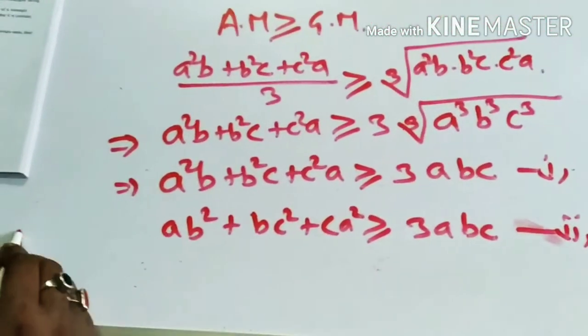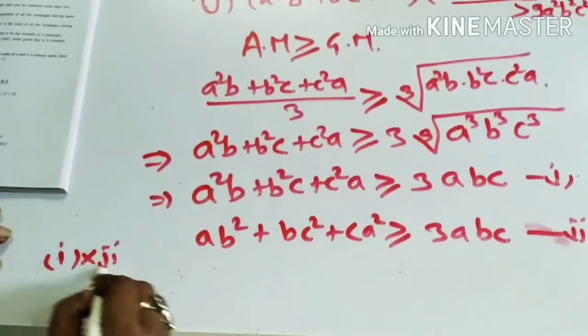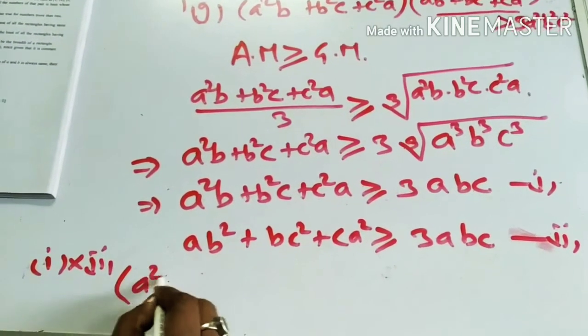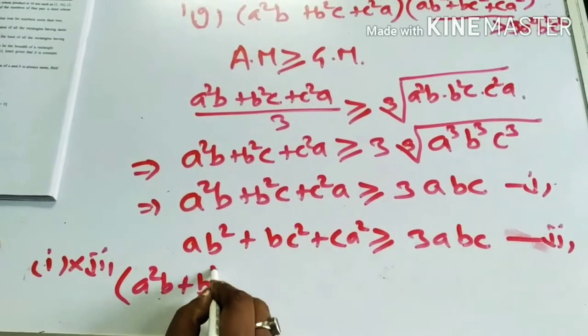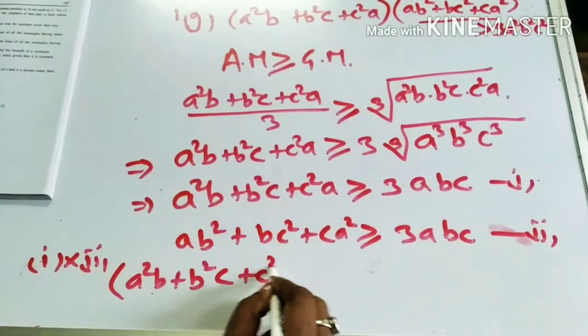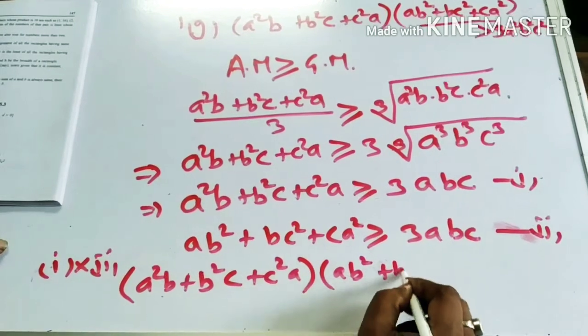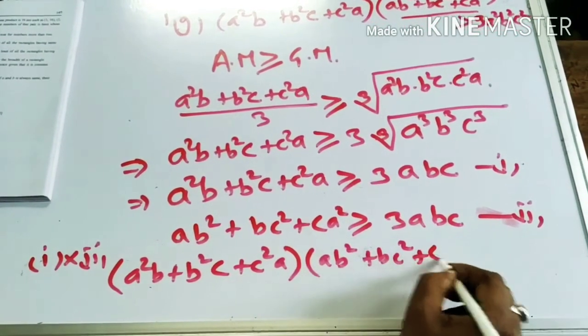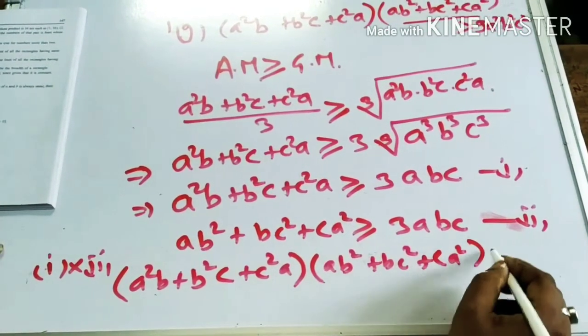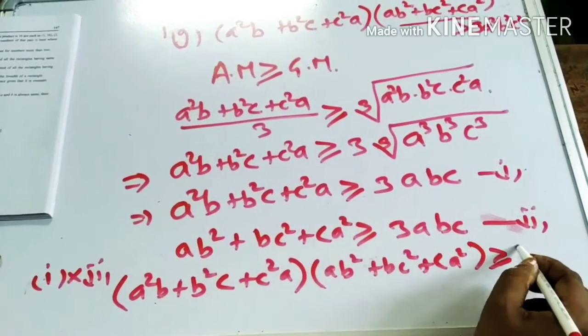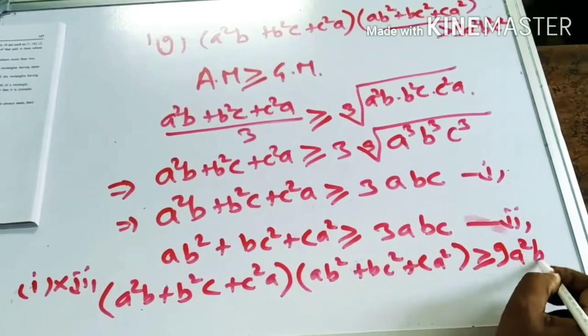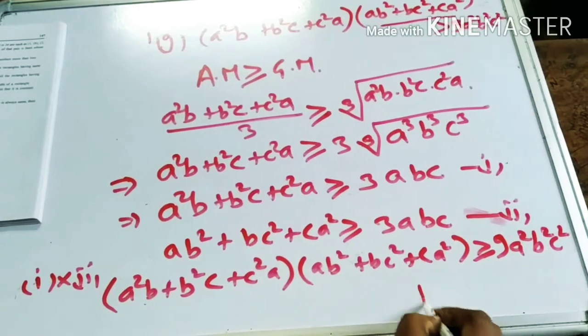Now equation 1 into equation 2: (a²b + b²c + c²a)(ab² + bc² + ca²) is greater than or equal to 3 into 3, 9, a²b²c². This is proved.